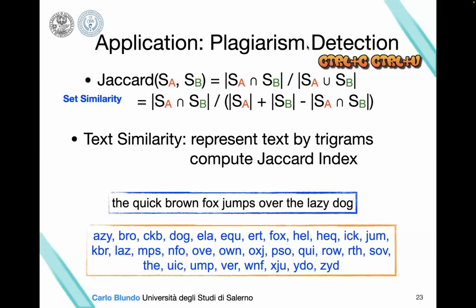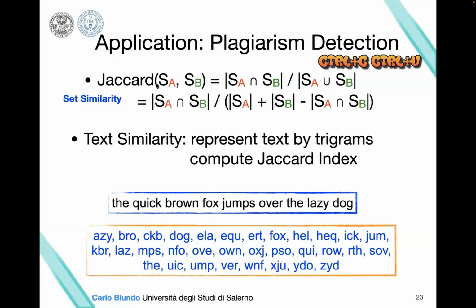to develop a plagiarism detection system in a privacy-preserving way. In this case, we use the Jaccard similarity, and we can say that the two sets are similar if the formula shown at the top of the slide is greater than a given fraction.